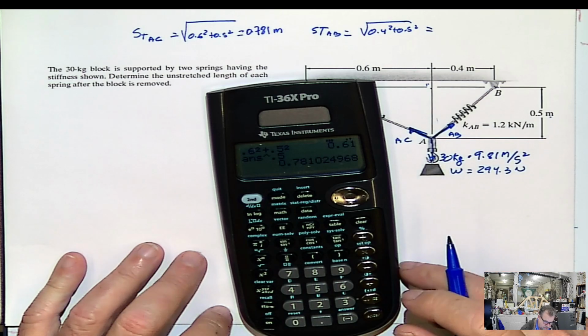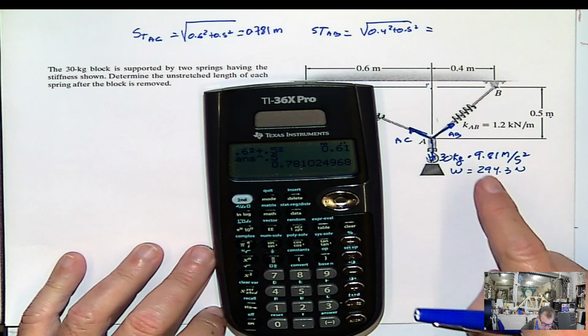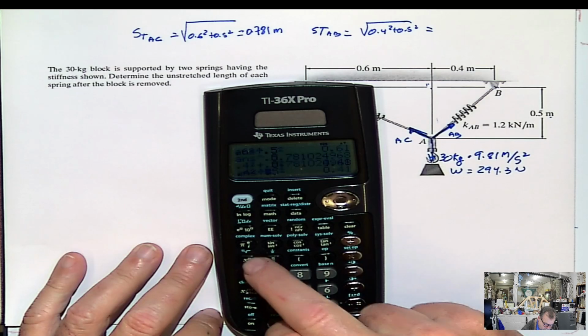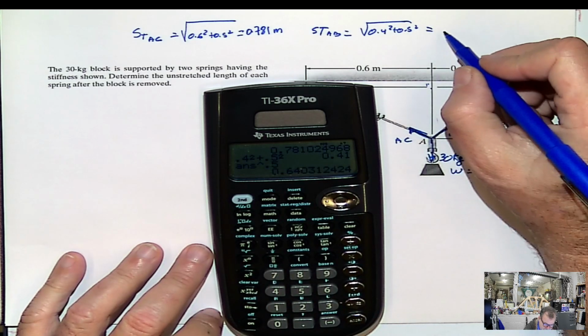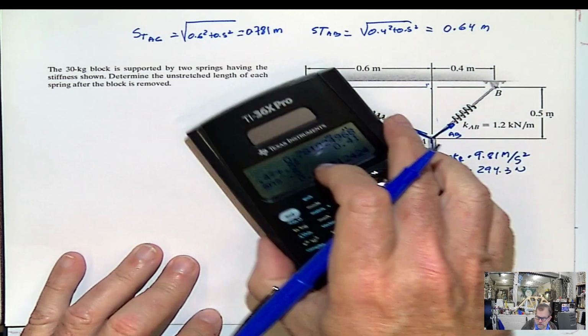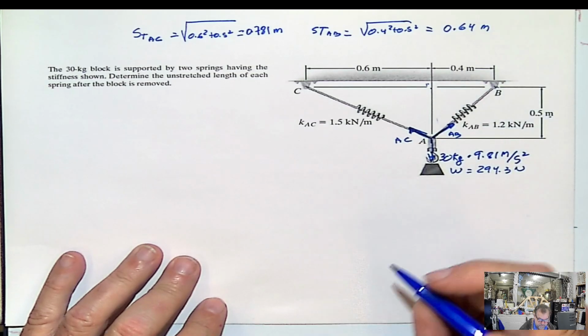And the stretch length of AB will be 0.4 squared plus 0.5 squared, elevated to the 0.5, which is the same thing as extracting the square root, in meters. Okay, we have the stretch length.